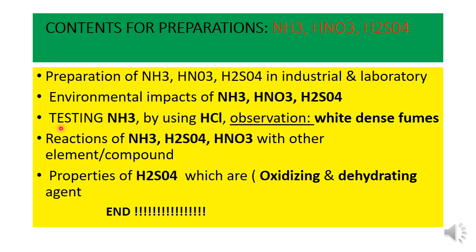Also, we will see how to test ammonia using hydrochloric acid. The observation is white denser fumes. We will see the reactions of ammonia, sulfuric acid, and nitric acid with other elements or compounds. Also, we will see the properties of sulfuric acid, which are oxidizing and dehydrating agent. This is the content we are going to cover.